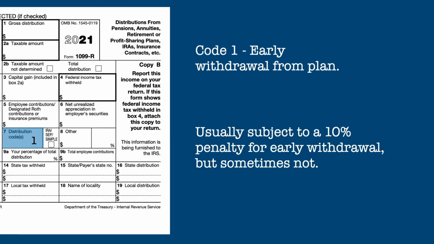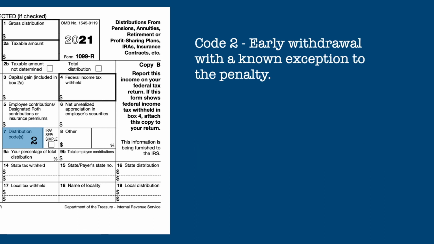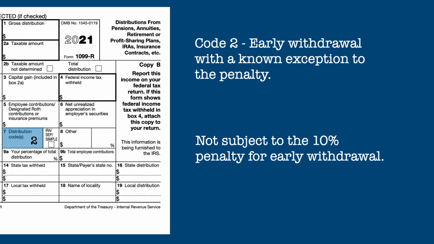Code 1. These are early withdrawals and will usually be subject to a 10% penalty tax in addition to any income tax due. There are exceptions to this penalty, and a whole video will be devoted to those exceptions and how they apply. Code 2. These are early withdrawals as well, but the payer knows of an exception to the 10% penalty that applies to the recipient.